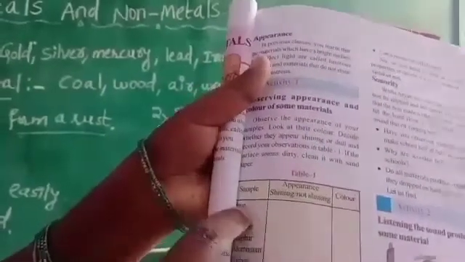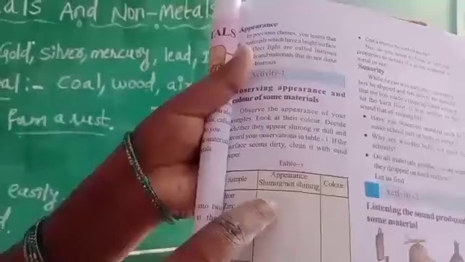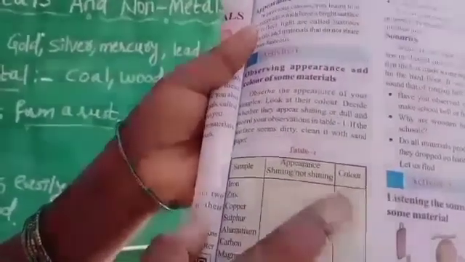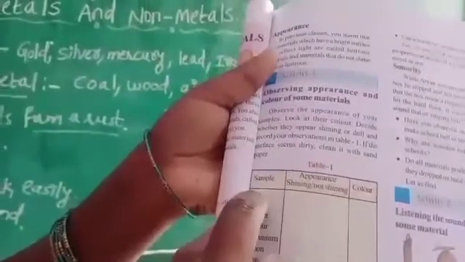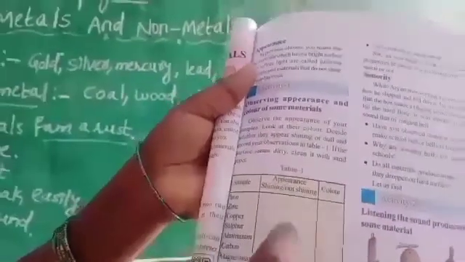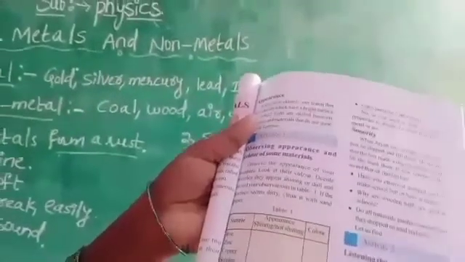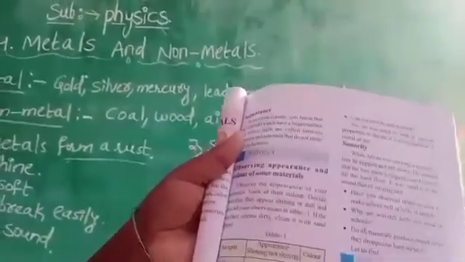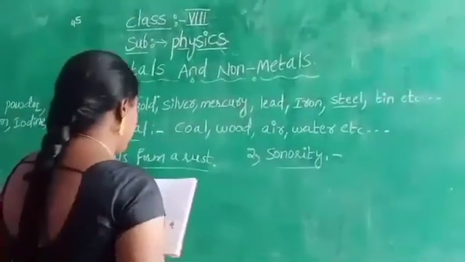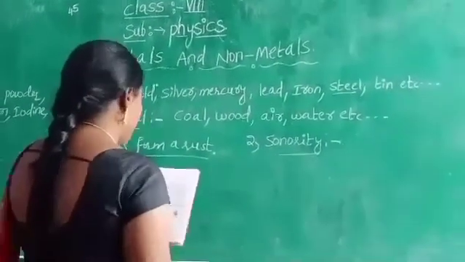Which material is shining? That is lustrous material. You write here lustrous material and you write the color. For example, iron is brown color, you know. Yes, you write here brown color. Like that you write. You fill the table 1. Next, the second character is sonority.